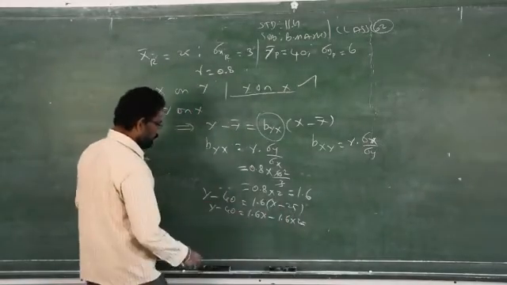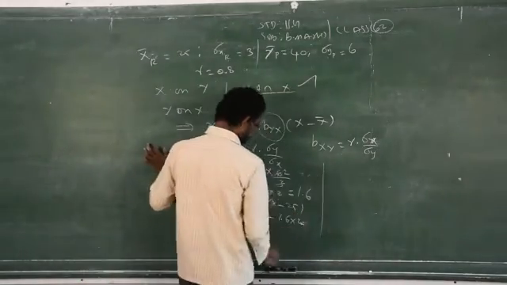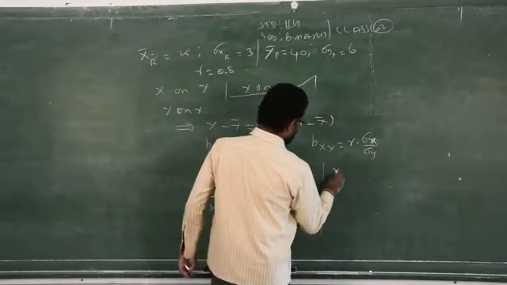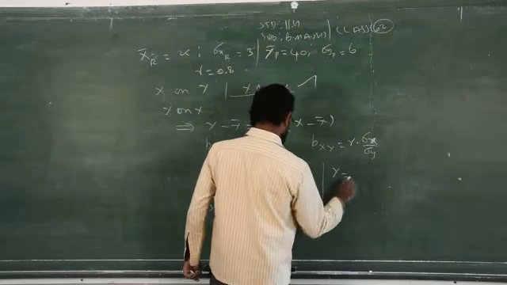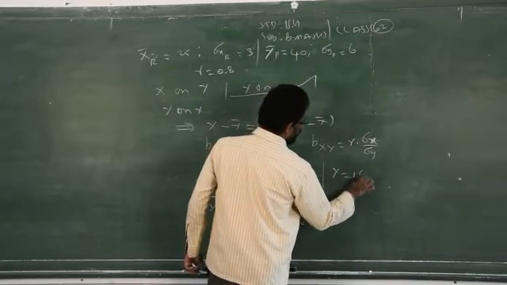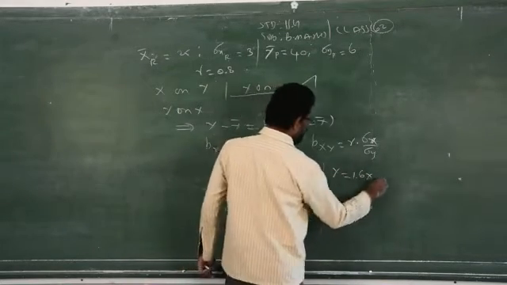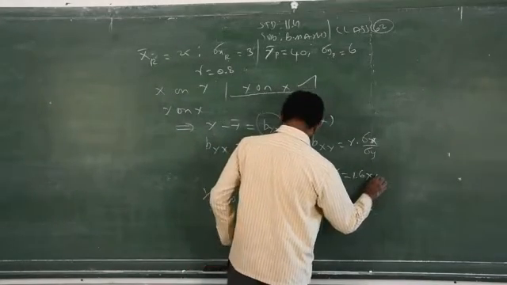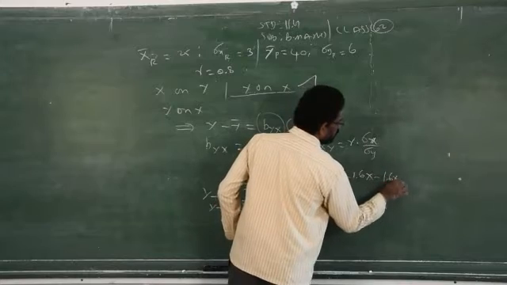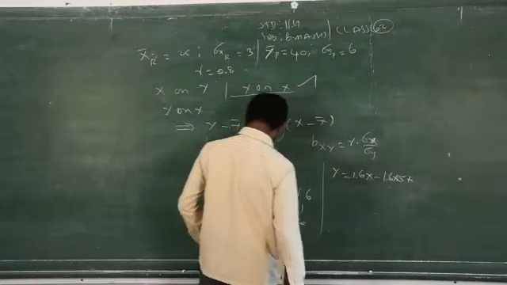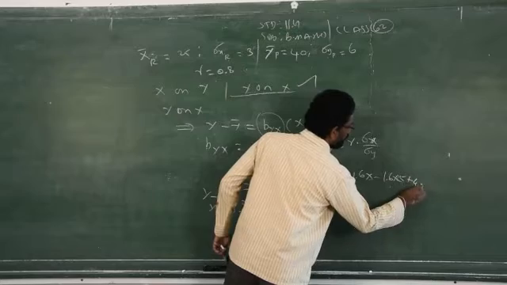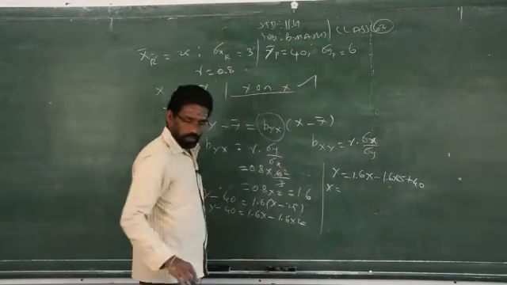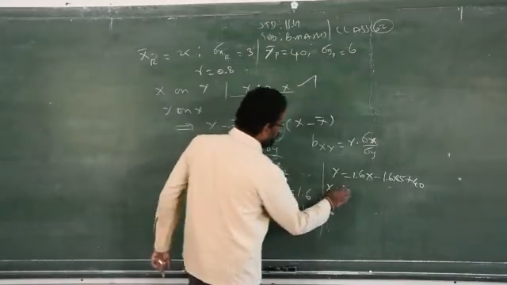Then after that you have to keep y alone on this side: y is equal to 1.6 x minus, multiply these two, 1.6 into 25, plus 40. Simplify. At that stage you have to replace x by what is given, the rainfall is given, 29.